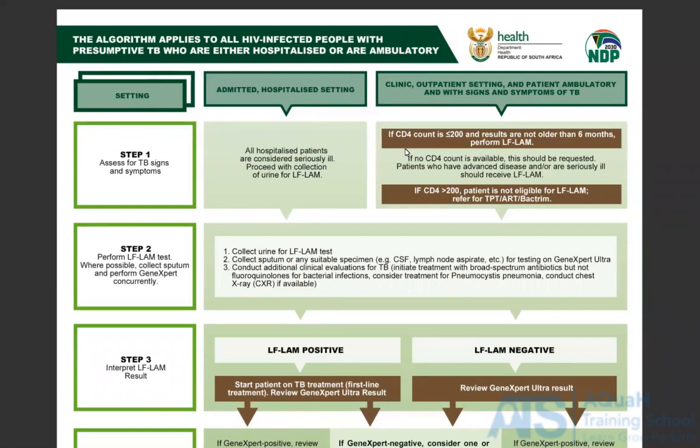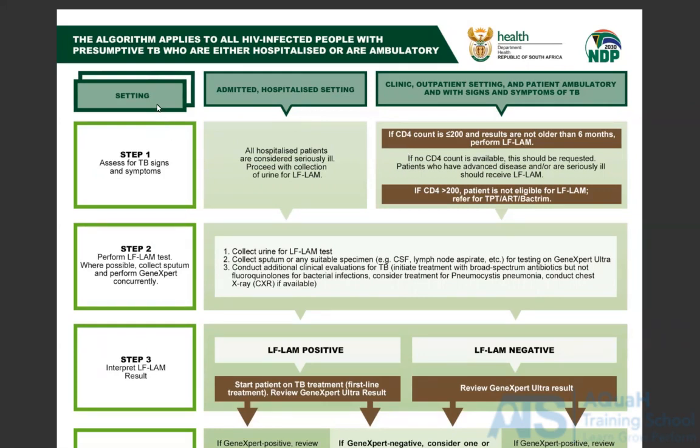It is a point of care test, like your urine pregnancy test, which can really improve your diagnosis process and also the turnaround time, because you'll have the results immediately and you'll be in a position to decide who then needs to be started on TB treatment or not, right?